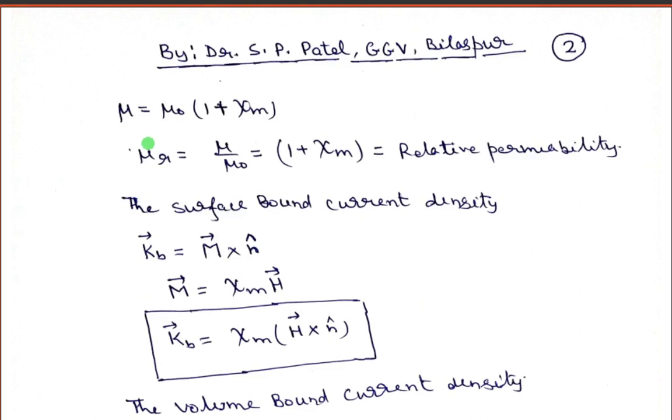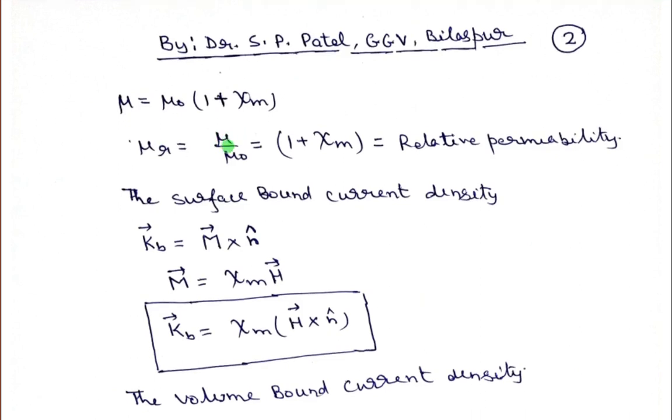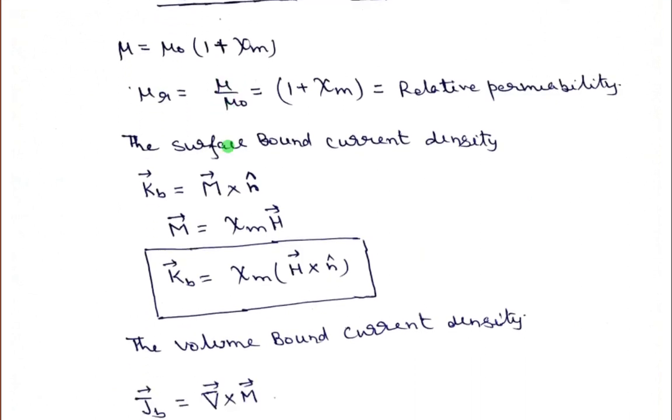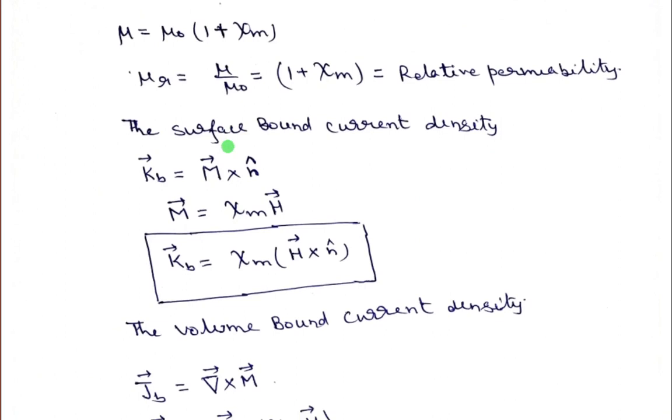And again this relative permeability depends upon the permeability of the material. Now I will try to find the surface bound current density and volume bound current density in terms of this chi m, the magnetic susceptibility.